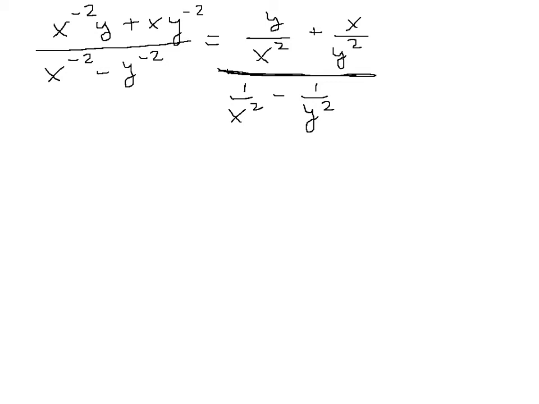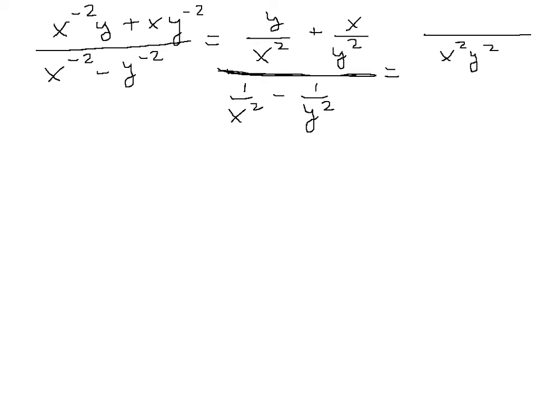And what I need to do now is get common denominators. I think I can squeeze this in. So on the top, my common denominator is going to be x squared y squared. And I have to multiply this y by y squared and this x by x squared.